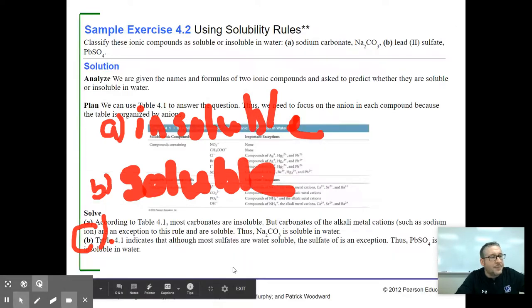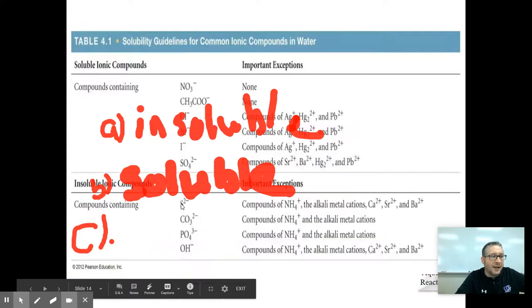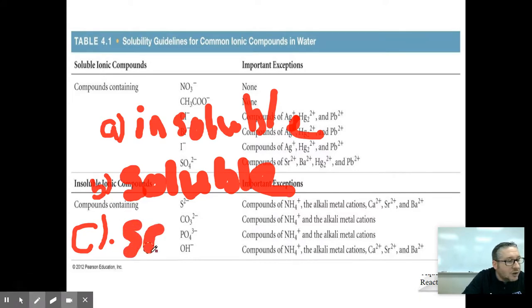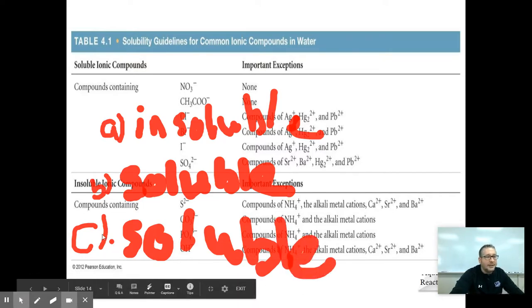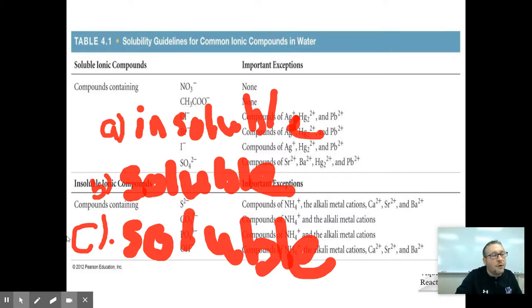And lastly, ammonium phosphate. Ammonium and phosphate. Let's find phosphate first. Phosphate, PO4 3-, is insoluble unless it is bonded with ammonium. So that means ammonium phosphate will be soluble. So A is insoluble because cobalt 2 hydroxide does not meet the exceptions.